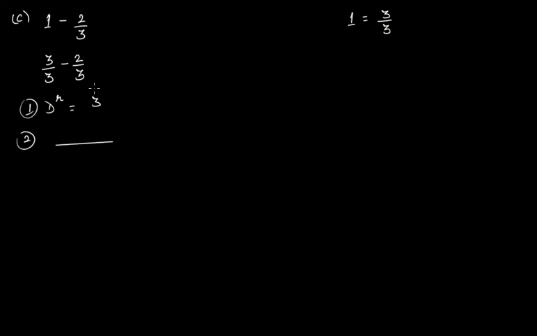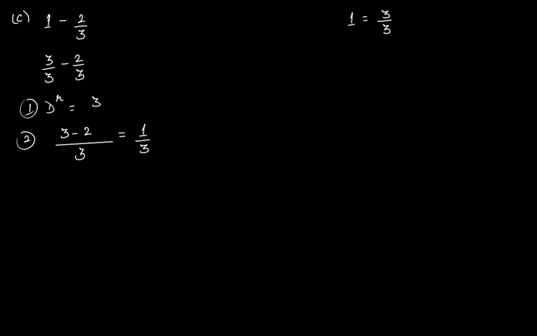I think I should have avoided this example, because in this case, I'm sorry, it's okay, it's fine. The denominator will be here, and if you subtract 3 minus 2, this is 1 by 3.